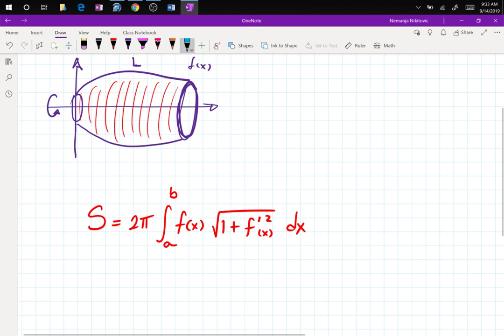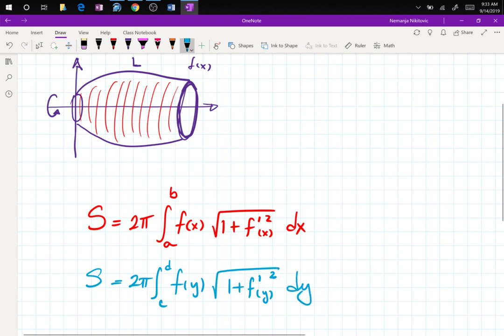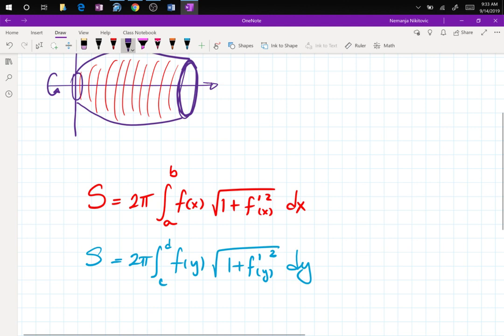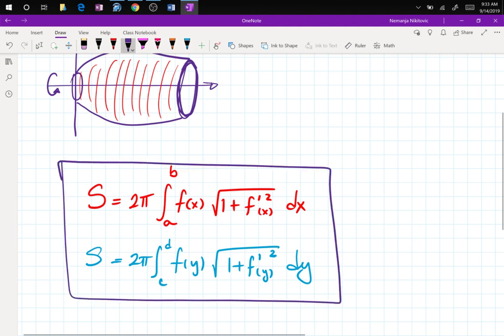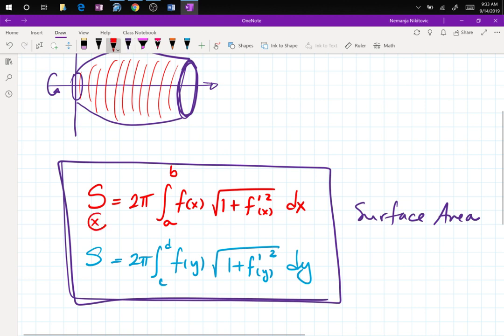And the y version, same formula: 2 pi integral from c to d of f of y times the square root of 1 plus f prime squared of y dy. So these are the formulas for surface area. The top one rotates around x, in red, and the bottom one rotates around y.